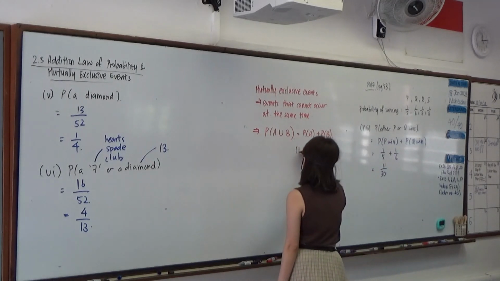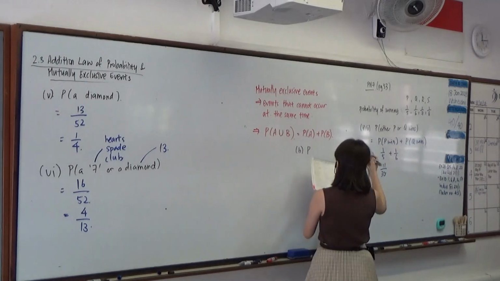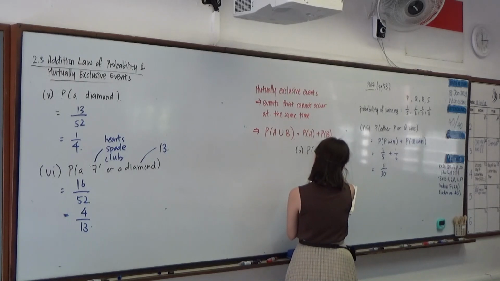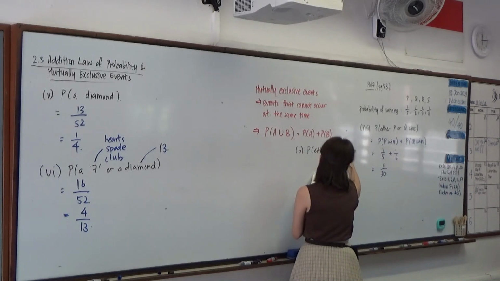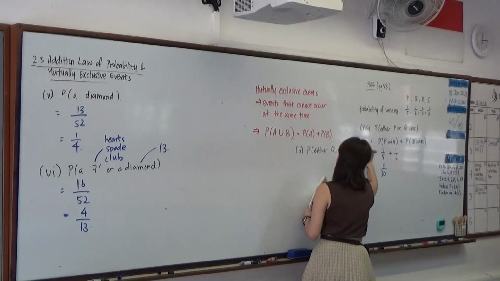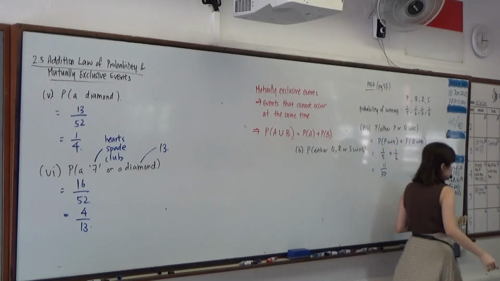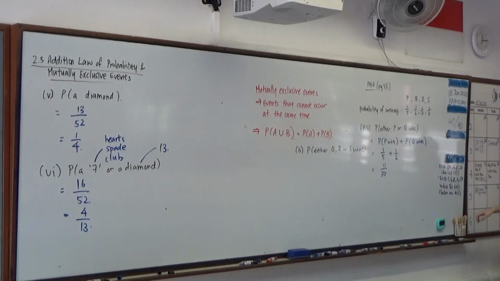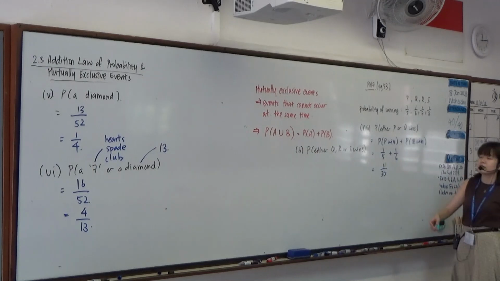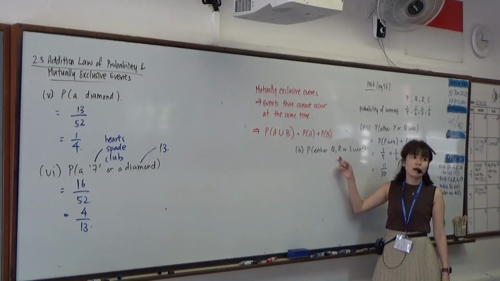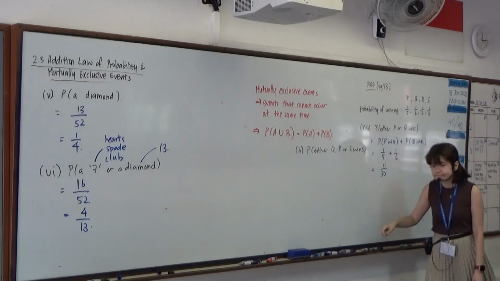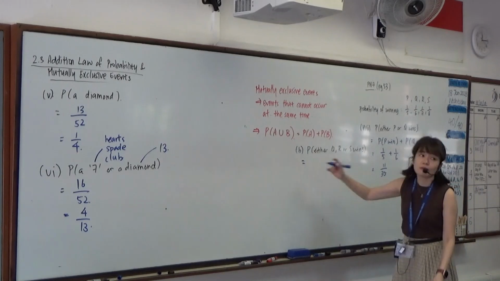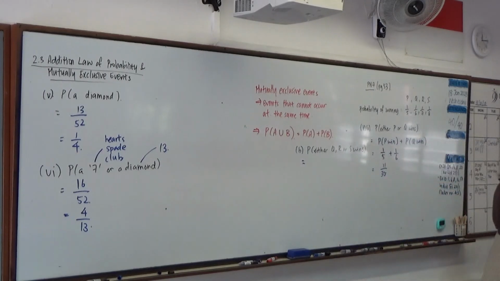Now part B. Probability of either Q, R or S winning. What do you think the probability would be? Let's see, Yue Yi. What do you think the probability is for either Q, R or S wins? And tell me the working, the process.